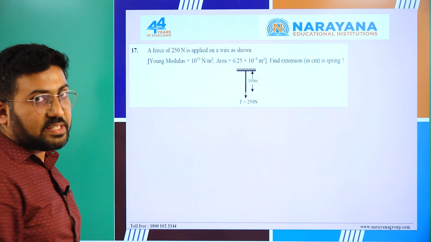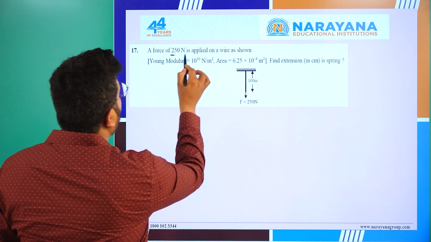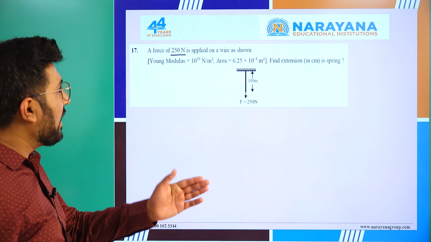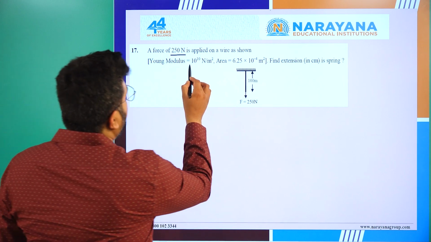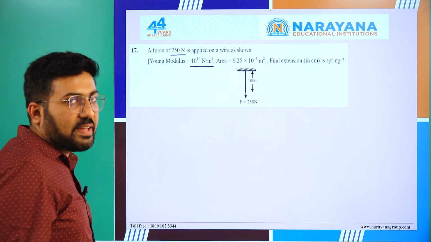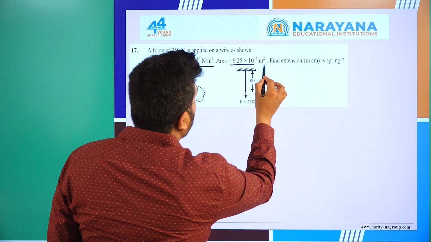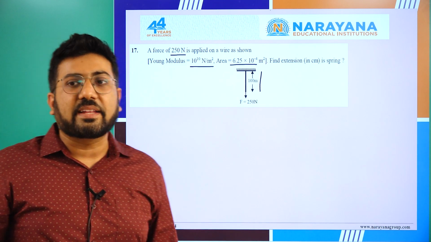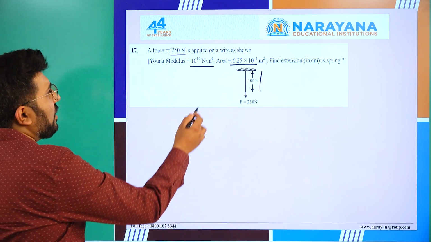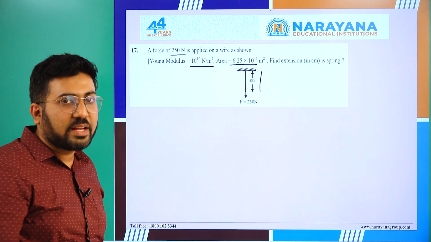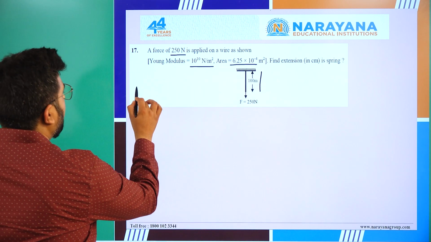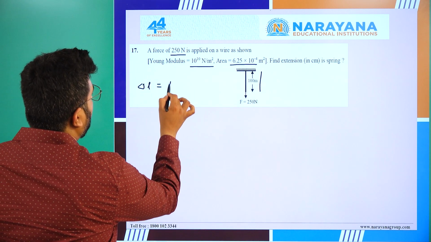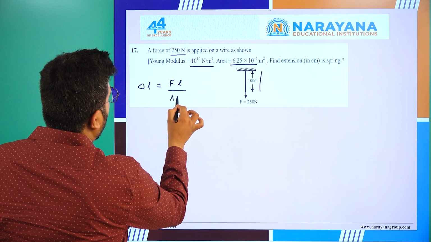In this question it is given that a force of 250 Newton is applied on a wire as shown. The Young's modulus of the wire is given, the area of the cross section of the wire is given, and the length of the wire is given, and we need to find the extension in the spring, or basically the extension in the rod they are asking. So, the extension in the rod delta L will be equal to FL by AY.